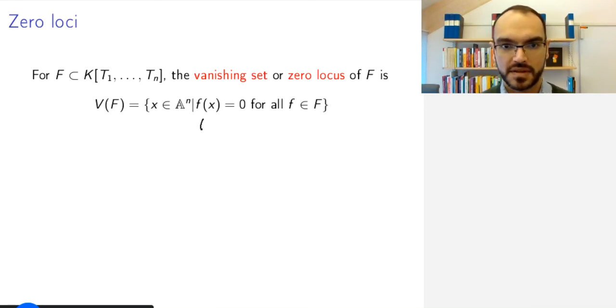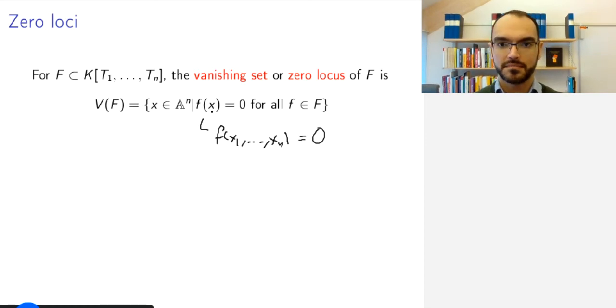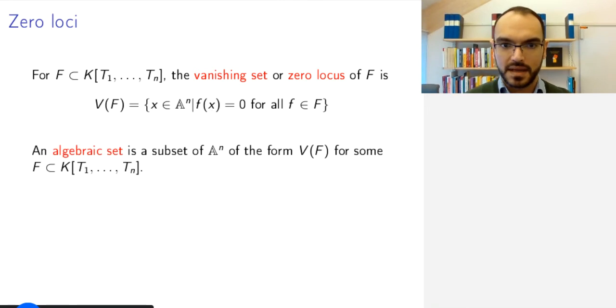So this means that f(x1, ..., xn) equals 0. We will always abbreviate x1 to xn by x.